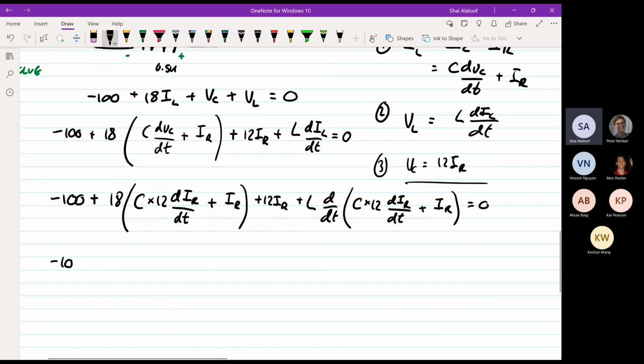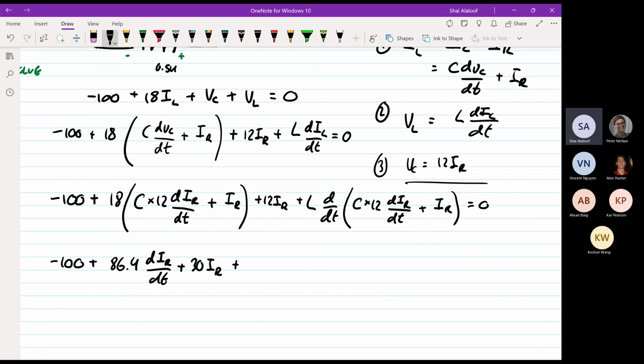So minus 100 plus, I'm going to start subbing stuff in. So 18 times C, which is 0.4 times 12, gives me 86.4 dIR on dt, plus 18 IR plus 12 IR. 18 plus 12 is 30, so I'm just going to write 30.